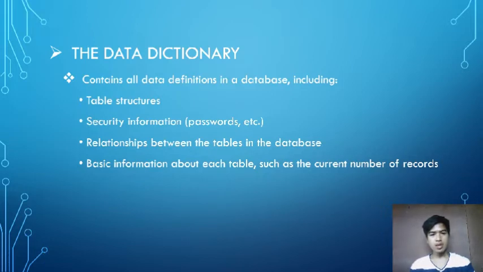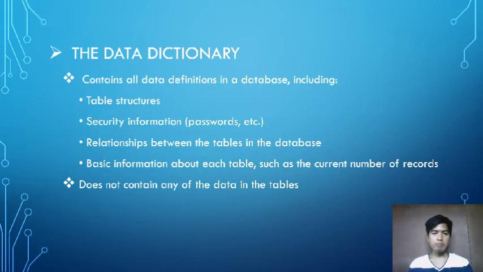It is called a data dictionary, including these table structures, security information, relationships between the tables in a database, and the basic information about the table, like current number of records. The data dictionary does not contain any of the data in the tables.